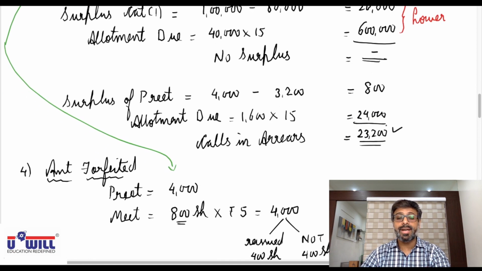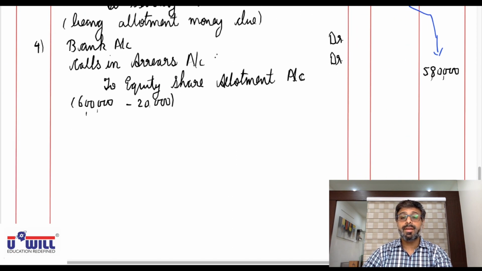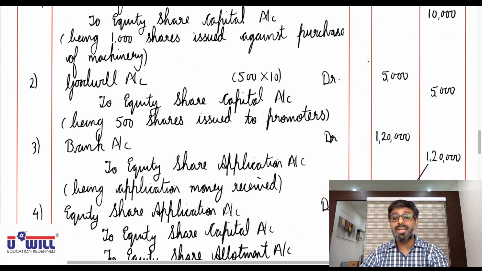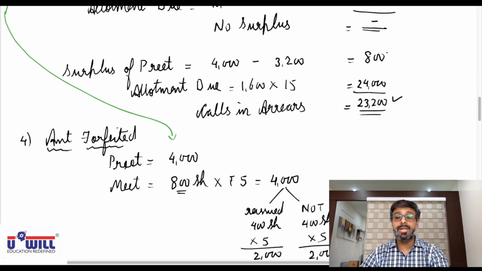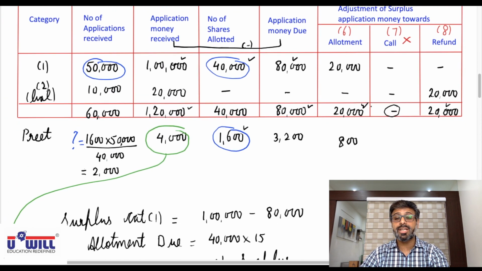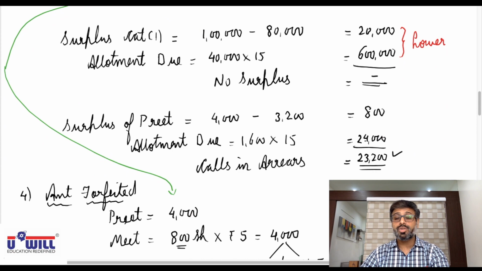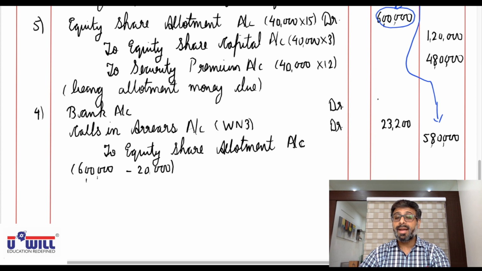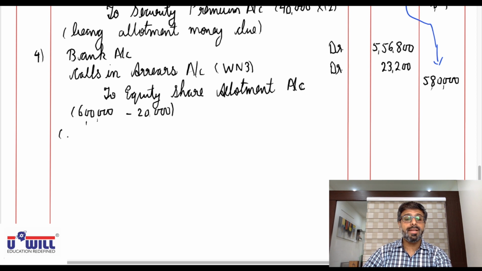Preet's calls in arrears are 23,200 in working note 3. Directly from working note 3, 23,200. We have done special calculation for that. That 800 surplus he has already paid with application, which is going to get adjusted with allotment. So 24,000 minus 800, 23,200 are calls in arrears. And 5 lakh 80,000 minus 23,200, so 5 lakh 56,800 is the money received, being allotment money received.